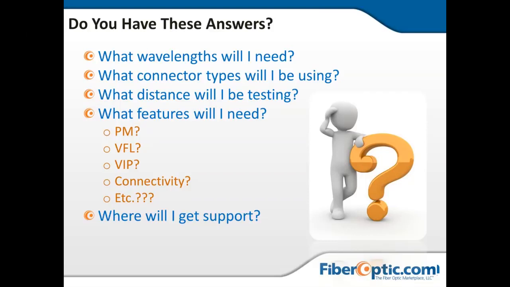So we'll talk about that a little bit more detail as well, with the power settings and what you need to get into, making sure that you have the appropriate unit for the distances.